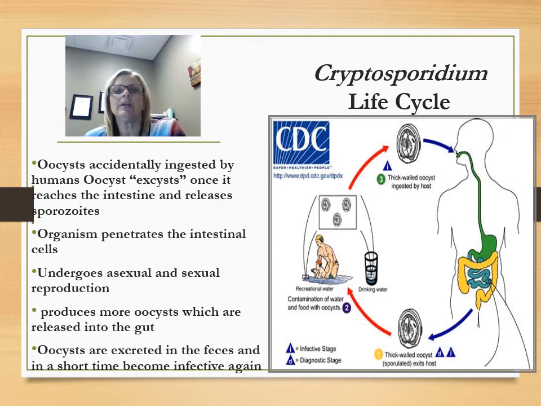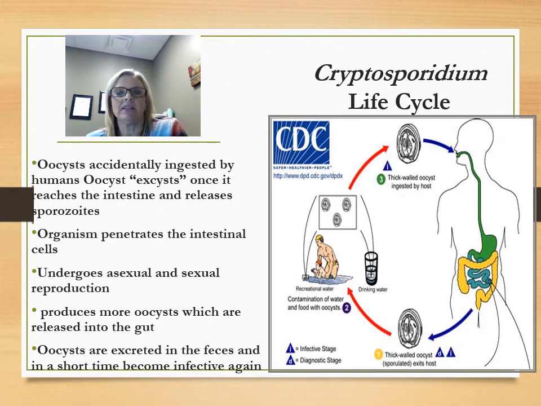So humans usually ingest this accidentally via contaminated food or water. This has often occurred from feces of infected animals. The oocyst is going to undergo what's called excystation.